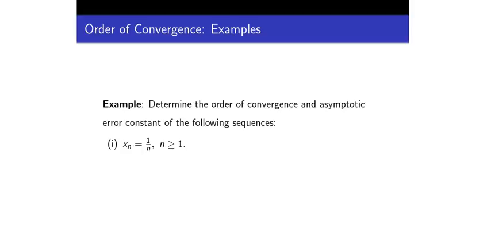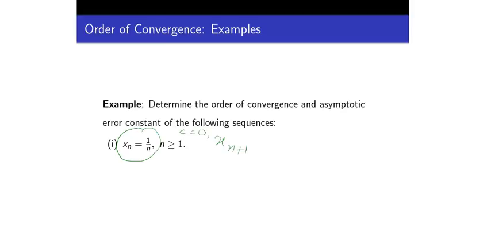So x_n equals 1 by n is a very familiar sequence which tends to 0 as n tends to infinity. Here the c value is 0.